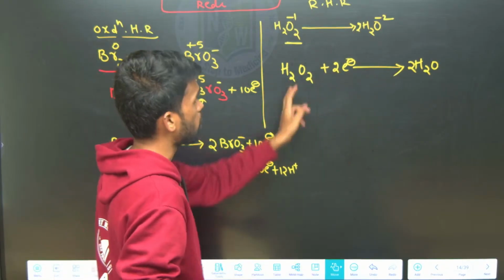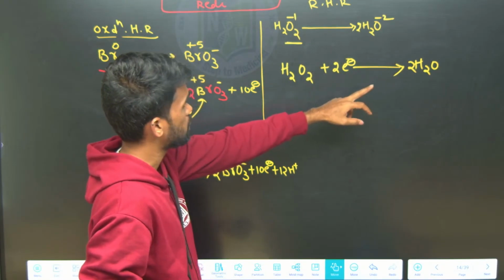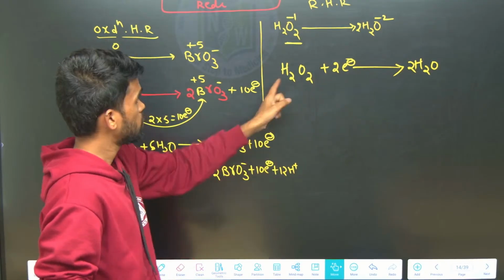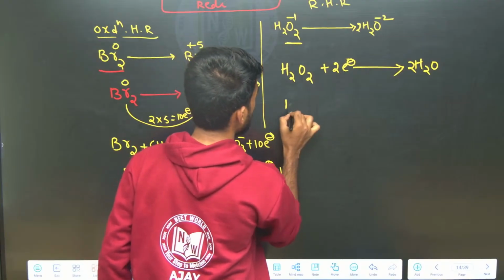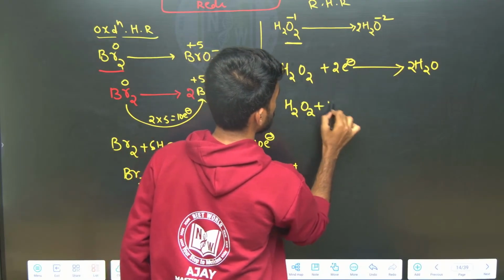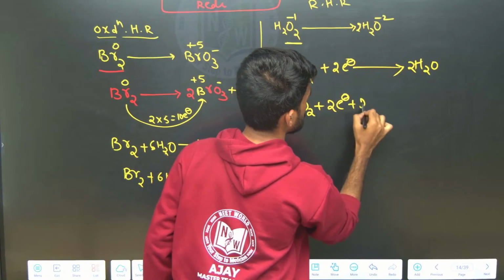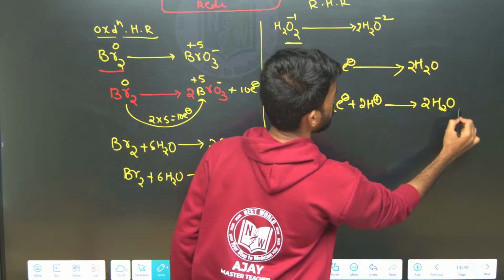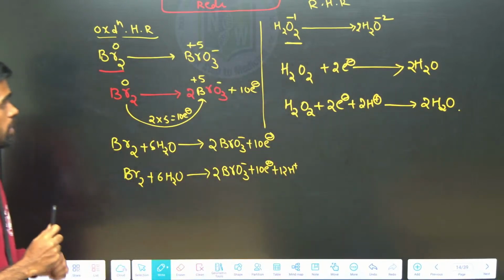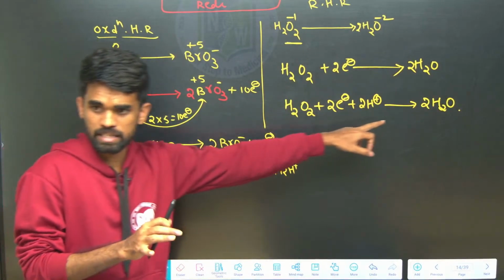Then next, oxygens balanced. Hydrogens balanced or not? 2 only, there is 4. So what can I make here? I can add 2 H plus ions on this side, so that both sides have 4 hydrogens. Okay, so everything is balanced in this also.